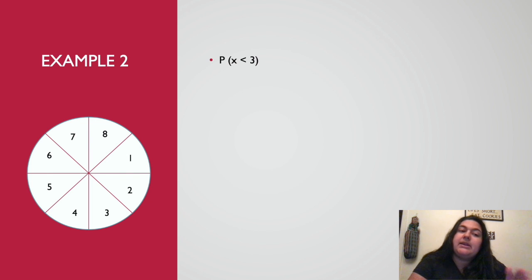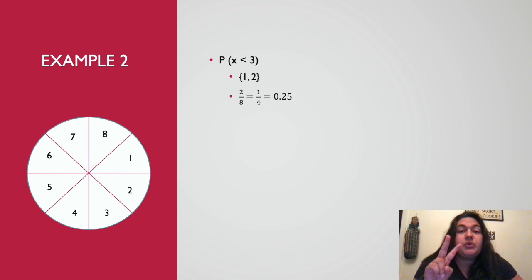So how many numbers on our spinner are less than 3 and do not include 3? I'm really hoping that you're saying 1 and 2. And that means out of the 8 possible outcomes, we have 2 favorable outcomes. That reduces down to 1 over 4, which gives us 0.25.